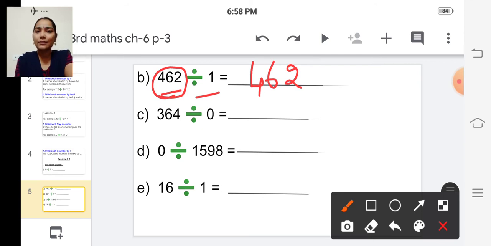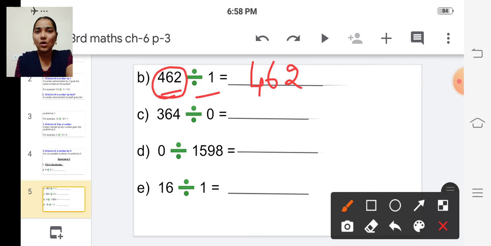Okay. The third one, 364 divided by 0. Fourth property. Do you remember? It is not possible to divide any number by 0. So, here we cannot divide.